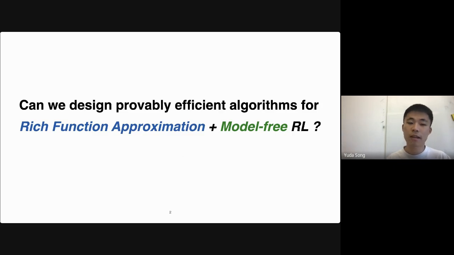But real-world applications are generally large-scale and require rich function approximation, say, neural networks. And for the second part, in real world, model-free algorithms are actually more convenient, more popular, and has more successes in applications, at least to my knowledge up until this point. So now I hope this question sounds important and interesting to you. And let's see how we can solve it.